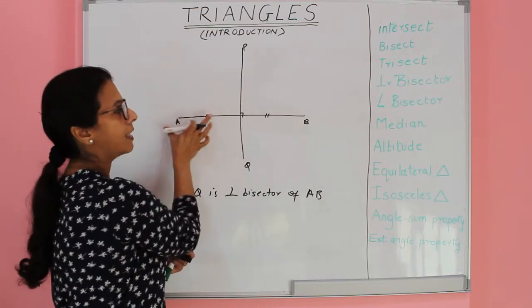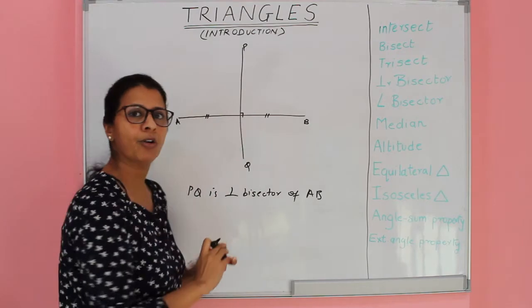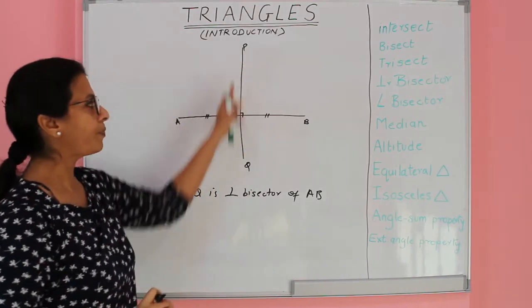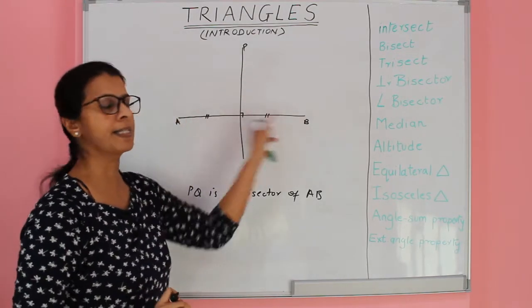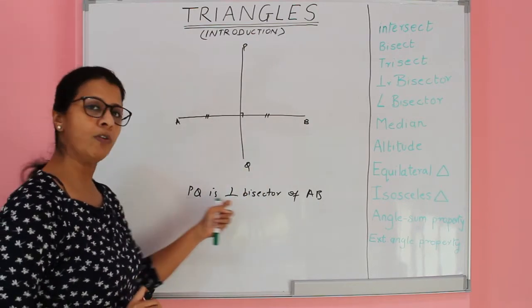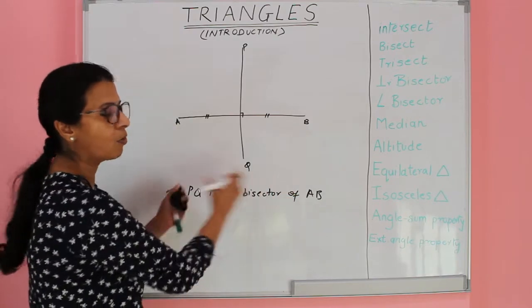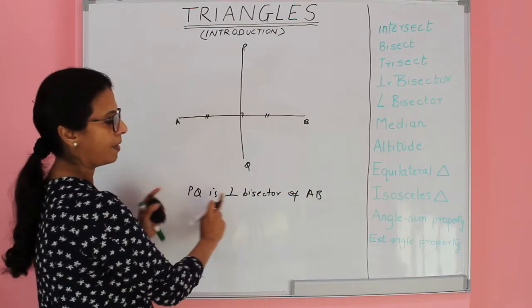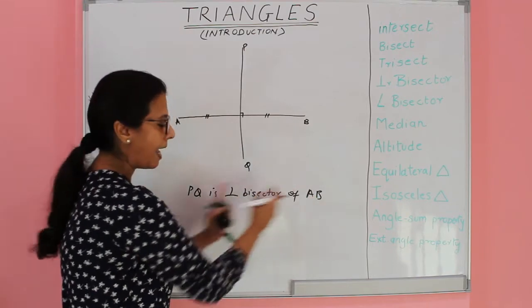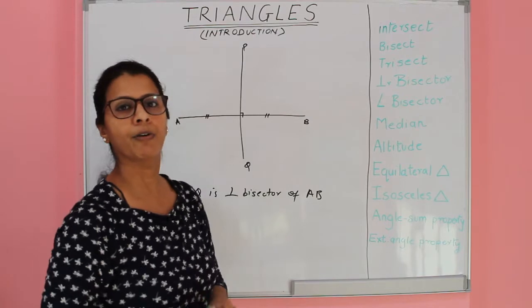But PQ is cutting AB into two equal parts and it is perpendicular also. So PQ is a perpendicular bisector of AB. You should know this thing properly. I am saying PQ is a perpendicular bisector of AB, not AB the perpendicular bisector of PQ. So you should know the difference. PQ is cutting AB and PQ is also perpendicular to AB. So that is a perpendicular bisector.